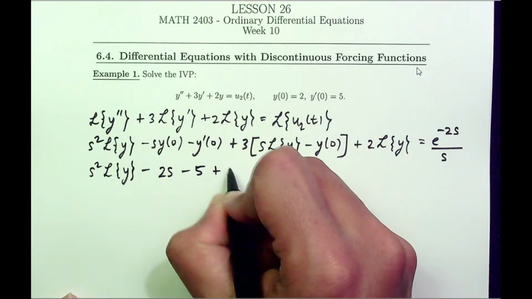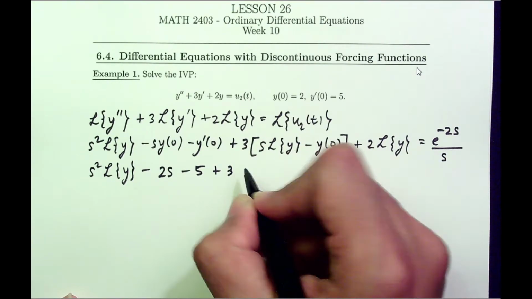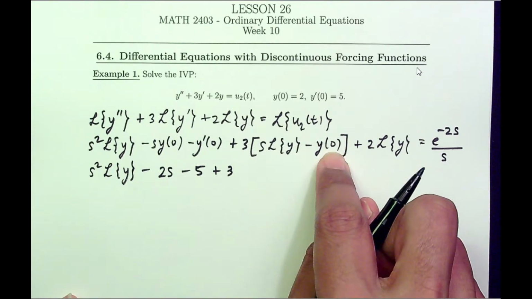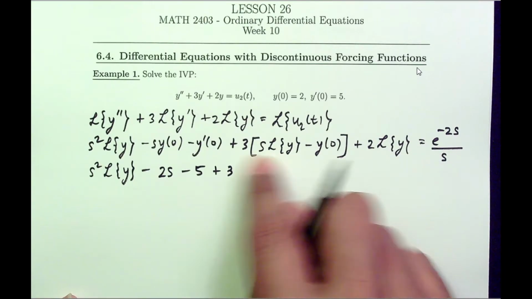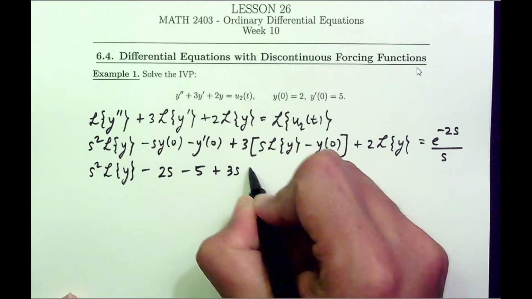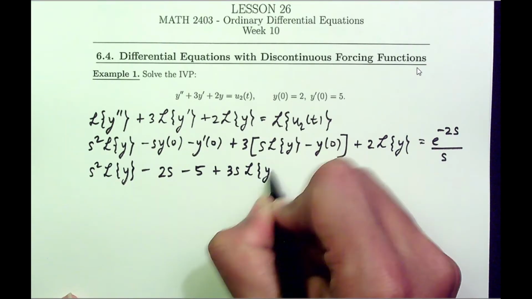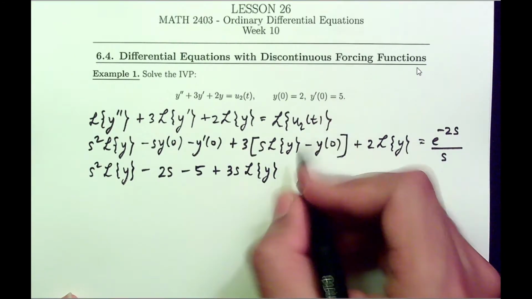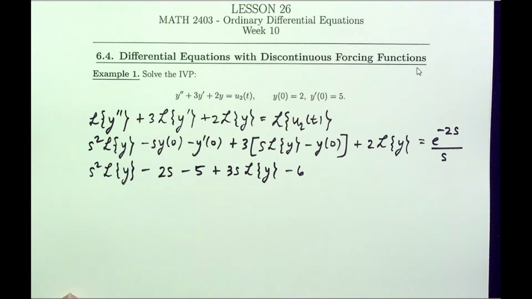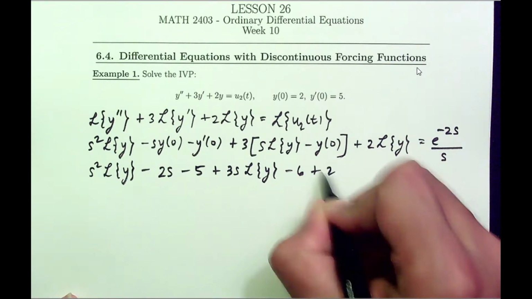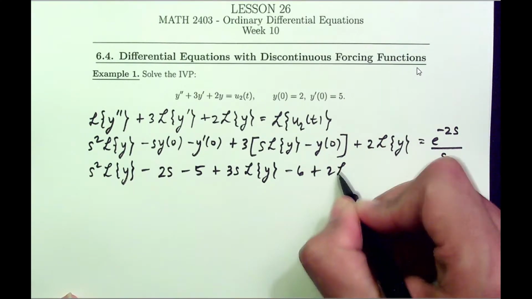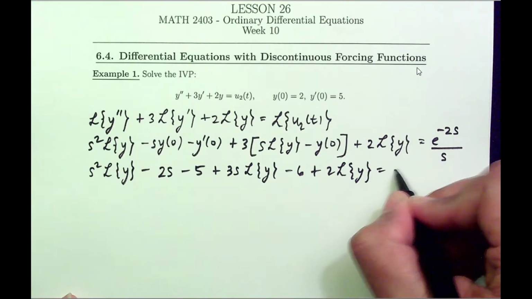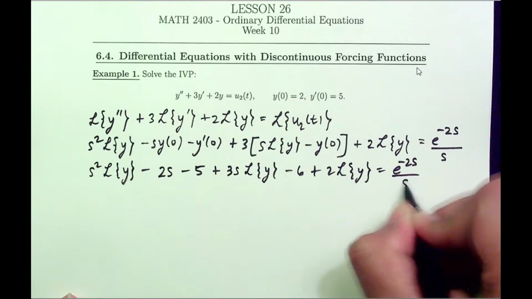Plus 3, and then I'm going to distribute it once, so 3s Laplace transform of y, and then this is a 2, so minus 6, plus this Laplace transform of y equals e to the negative 2s over s.